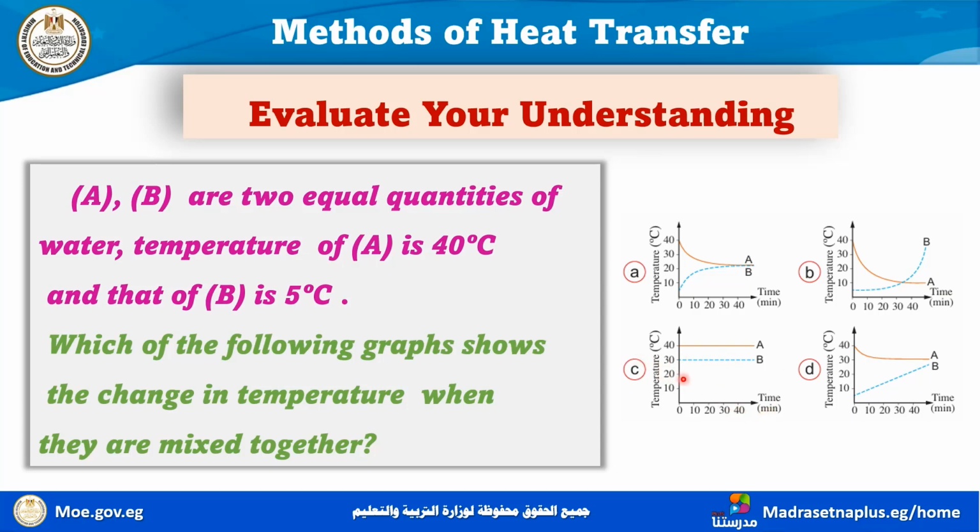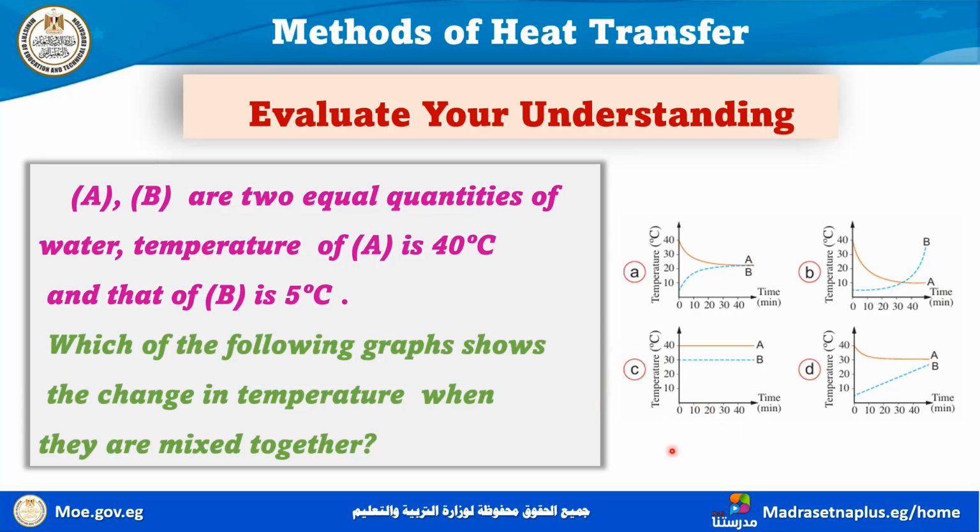Temperature A doesn't change, it remains 40, while temperature B is 30, and this is completely wrong. In case of D, the temperature of A falls down while the temperature of B rises up, but they will not have the same temperature at the end of the graph.